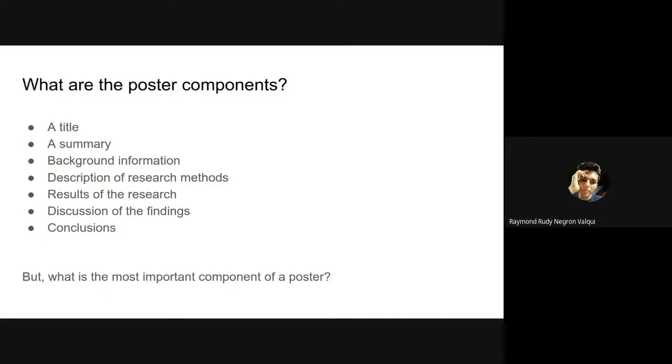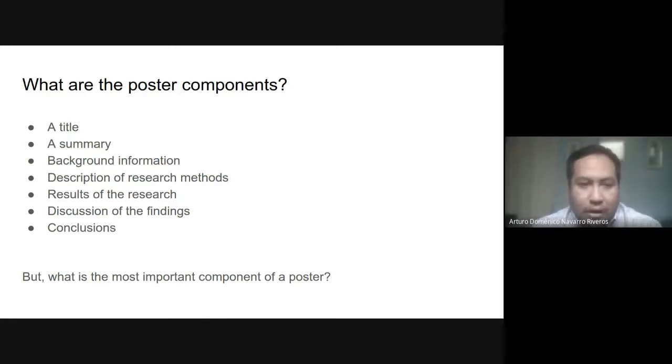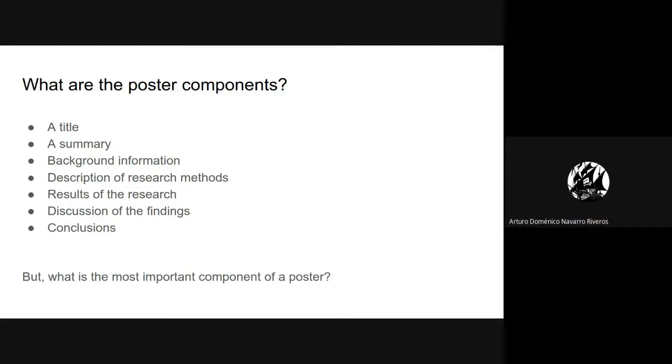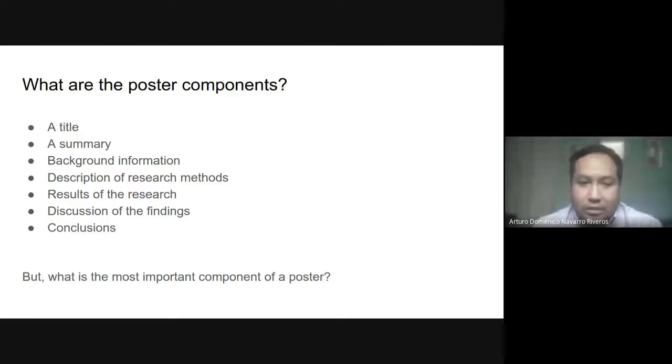Okay, what are the main poster components? We read here, we must have a summary, background information, the results, and the conclusions. This is an almost perfect correlation to the parts we have in our investigation and our research.